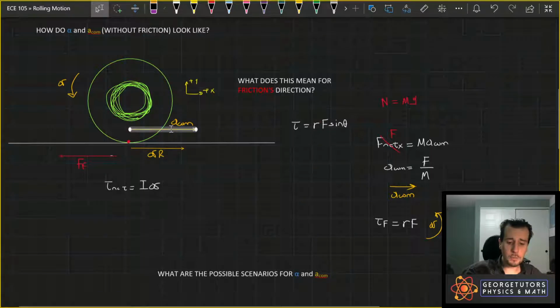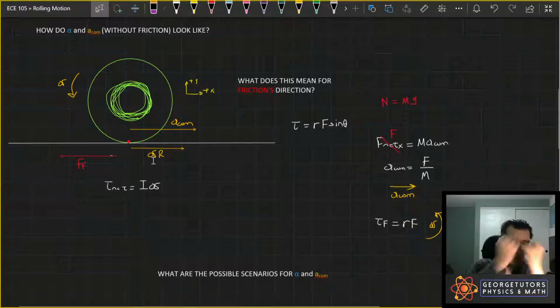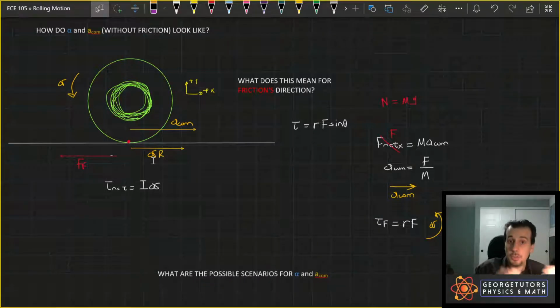Is it going to harm the most ACOM, or is it going to harm the most alpha R? I assumed just previously that it will harm a lot ACOM, but what if it actually harmed a lot alpha R, and we had alpha R flip direction while ACOM stayed on the other side, and again, they balanced out that way? It means basically we could have right now two scenarios, two outcomes from this friction's action here.